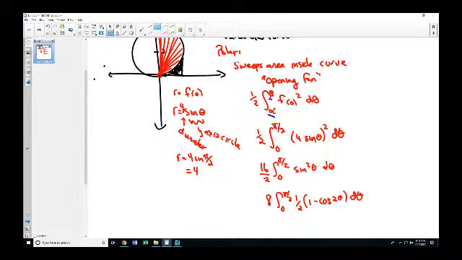You have to be in polar mode, because polar area sweeps differently than rectangular, right? So be careful. If you are working with polar coordinates, you want to be in polar mode in the calculator.